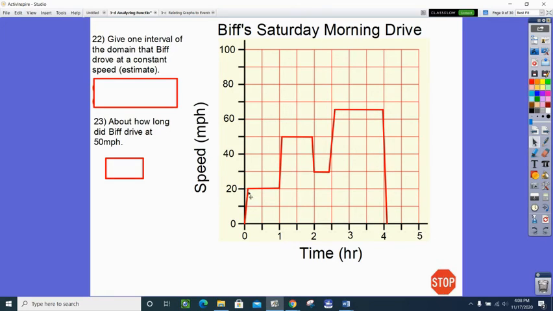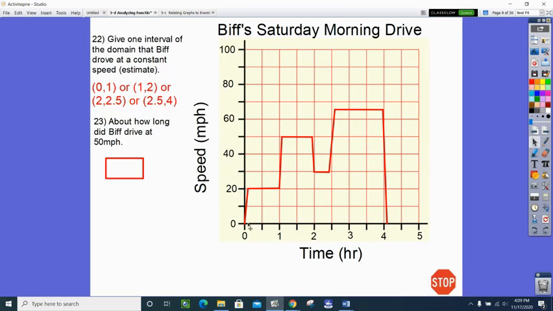You could have picked any one of these little portions, and then you're looking from the x. The reason you're not going straight vertical up is that this is kind of an acceleration piece. It would actually be a bit of a curve, to be honest. You don't immediately go from 0 to 20. There's that acceleration piece, so it's a little bit of an estimate here.